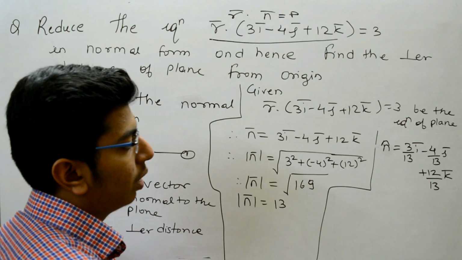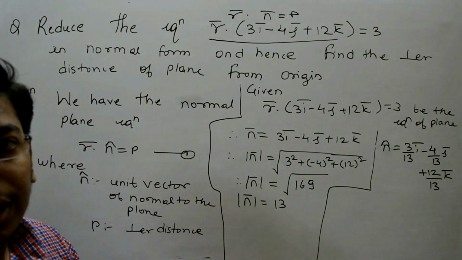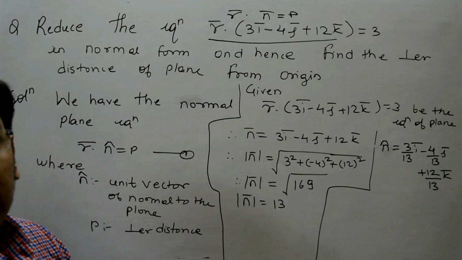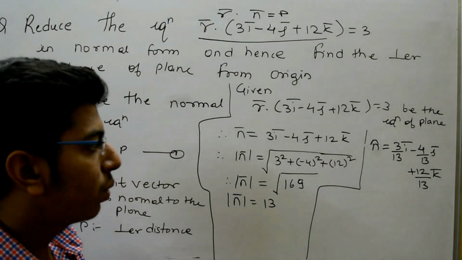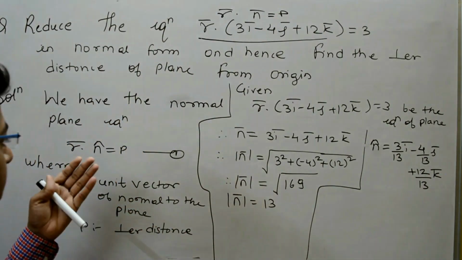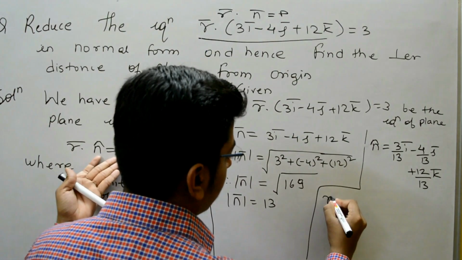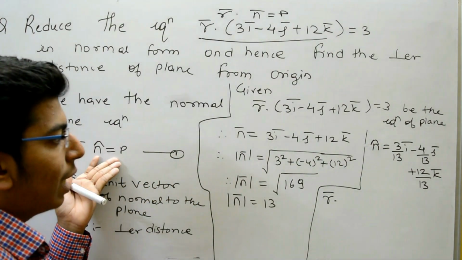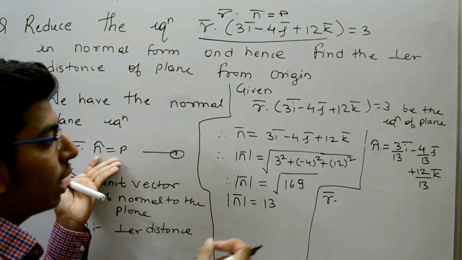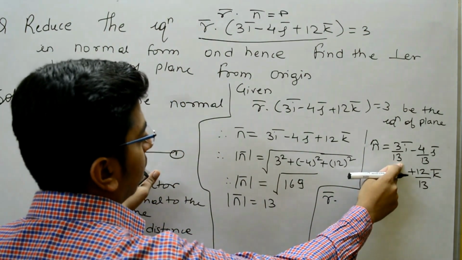Okay. So if I replace this in equation number 1, we will get r bar into, I am writing in short, I am taking this 13 over to the right hand side.